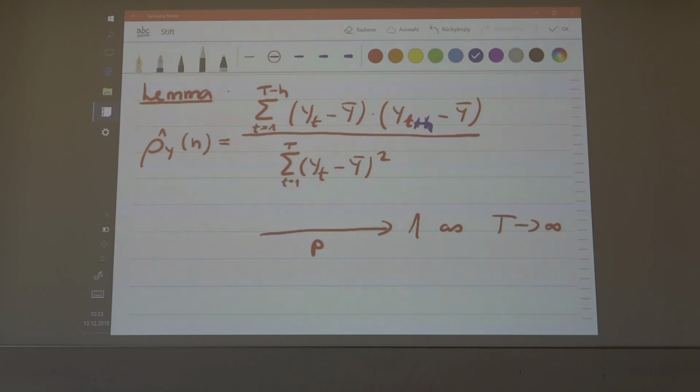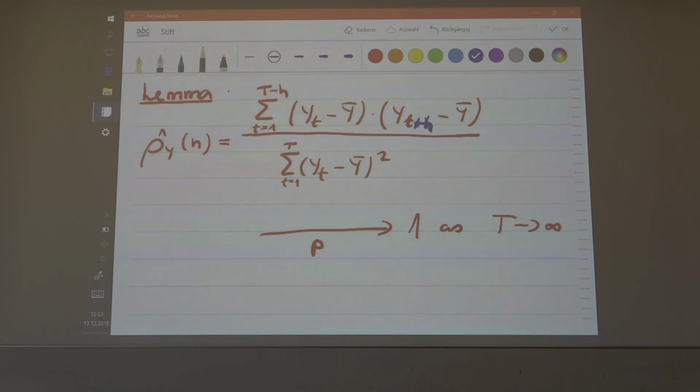Now, this is something that you cannot do, and again you have to be careful. If you have a random walk, this is something that can happen to you. So you have to make sure that you don't have a random walk, because otherwise the corresponding Gaussian and autocorrelations and so forth do not make any sense. That's a problem.